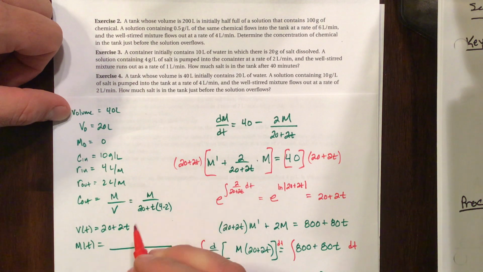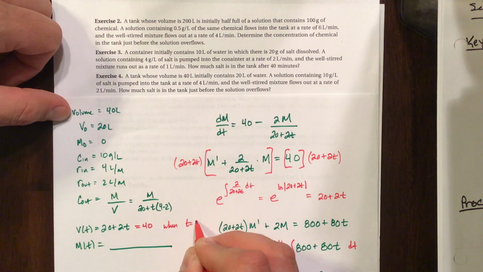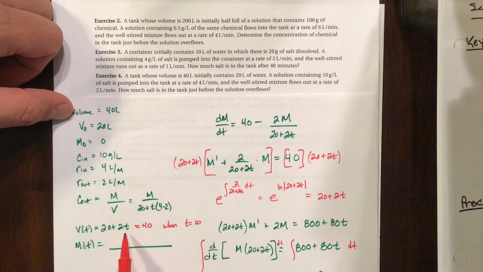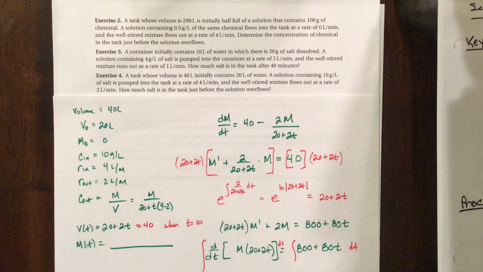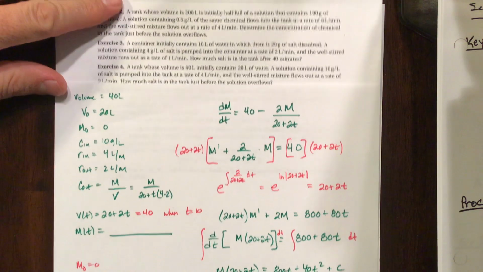Let's see. This will be 40, looks like, when t is equal to 10. So after 10 minutes, we have 2 times 10 is 20, 20 plus 20 is 40. The tank will overflow. And we want to know how much salt is in the tank just before the solution overflows. We can do that.